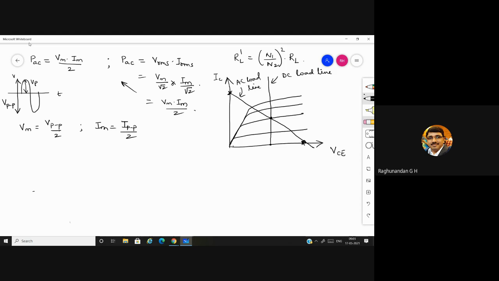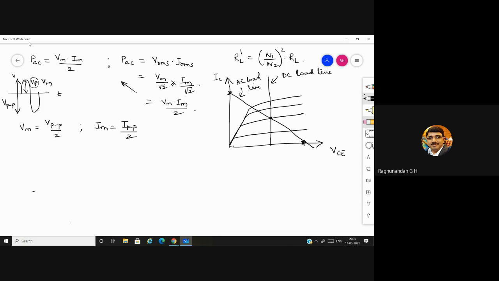See, this is peak to peak. Half of this is peak, that is Vm. V peak is described by Vm. So peak to peak means half of this is peak voltage. So I can write Vm is equal to V peak to peak by 2, Im is equal to I peak to peak by 2.